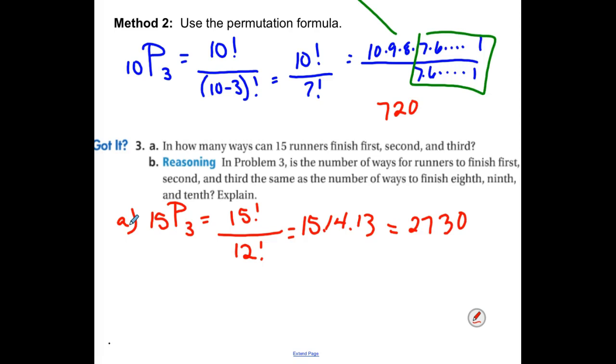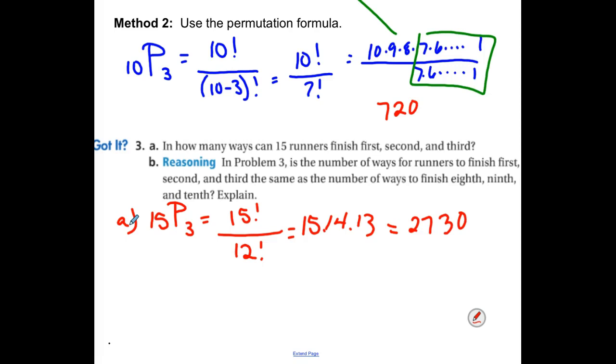Would our answer be any different? Again, I have to emphasize, you don't care about who's finished first, second, third, and all that. We're not counting that.